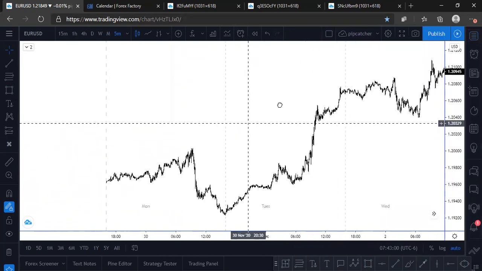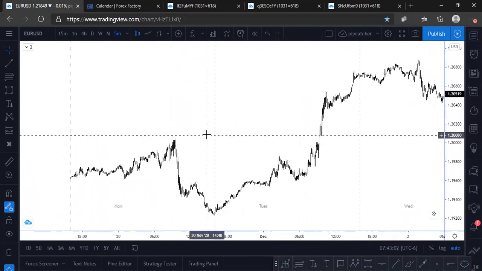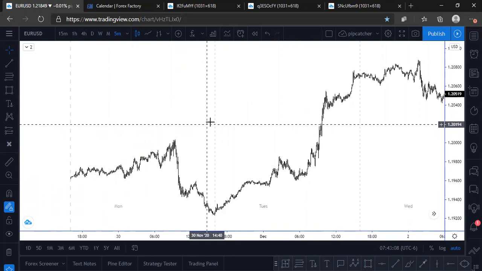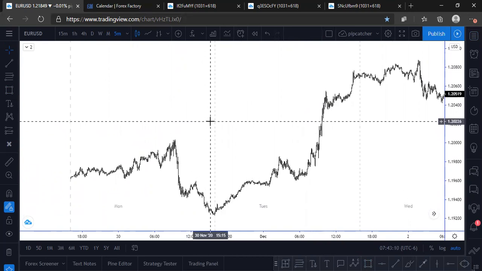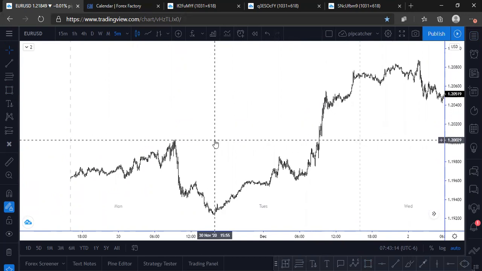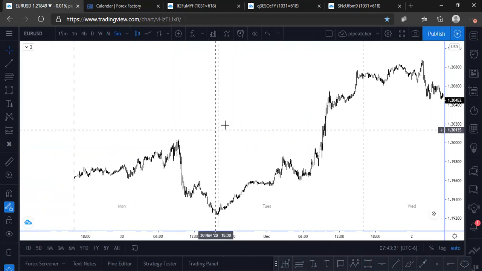Let me hide this. So in this area, we're looking to not only find a bias for the week, but also find where we can get in, right?